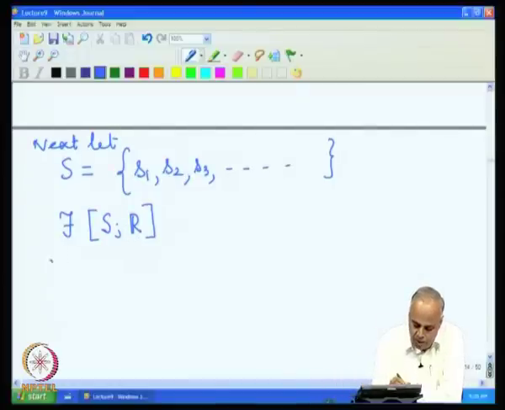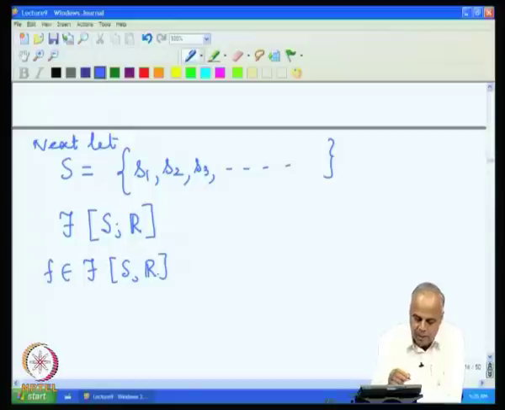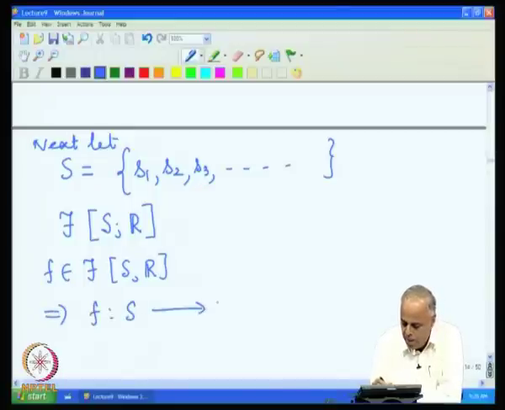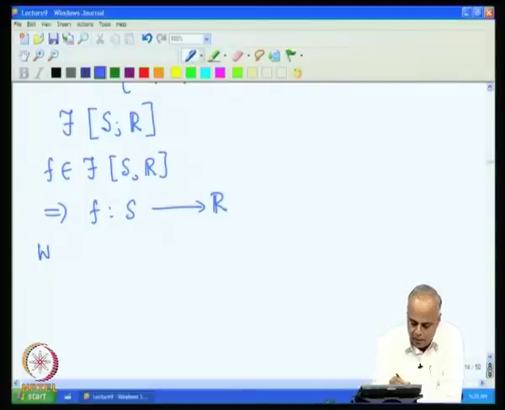If f belongs to F(S,R), this means f is a function mapping S to R, which means f assigns a real number to S1, again a real number to S2, a real number to S3 and so on.